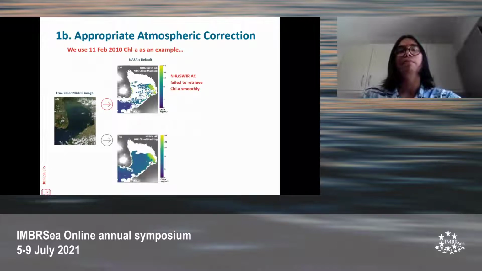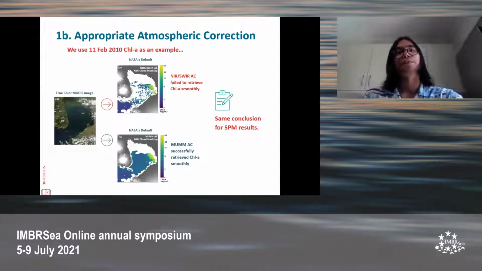But when we use the MOM atmospheric correction, there was a smooth retrieval of chlorophyll A. So the MOM atmospheric correction performed better than the other one. We also did the same thing and obtained the same conclusion for the SPM results.